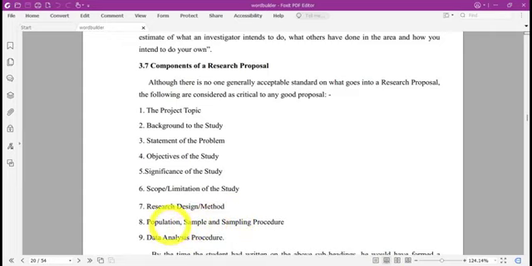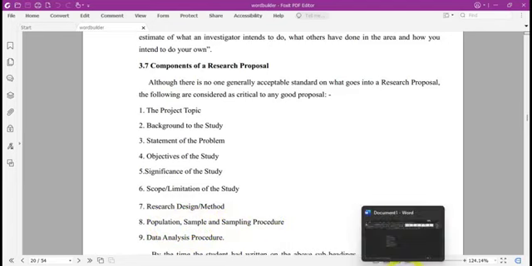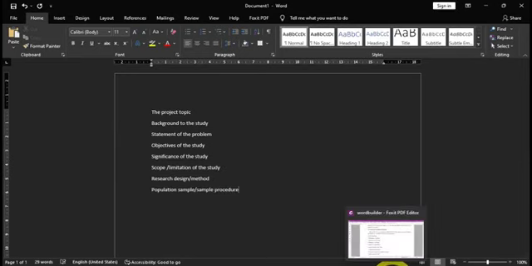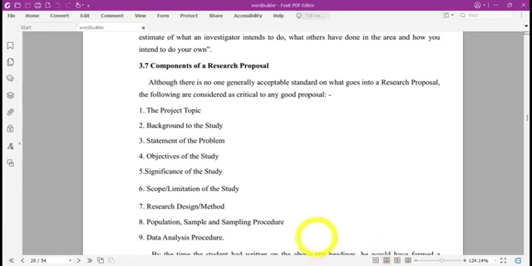The next is population, sample and sampling procedure. How do you intend to go about your sampling?